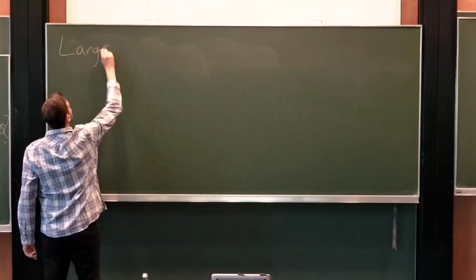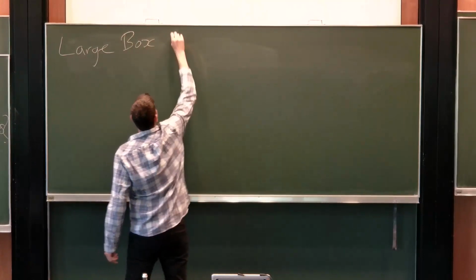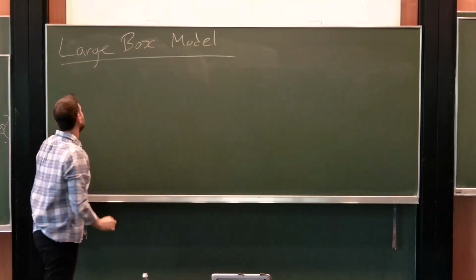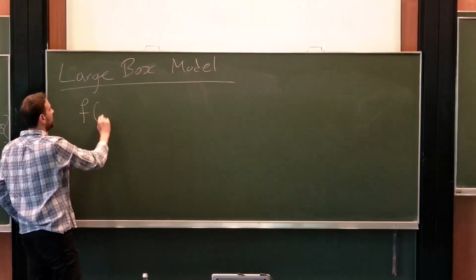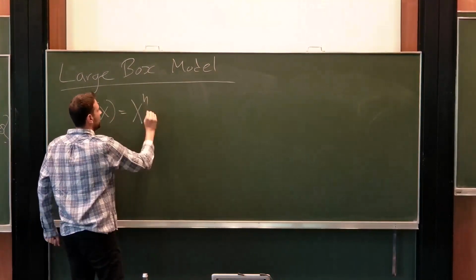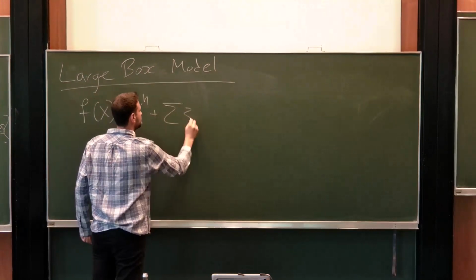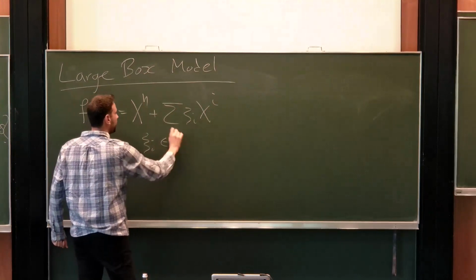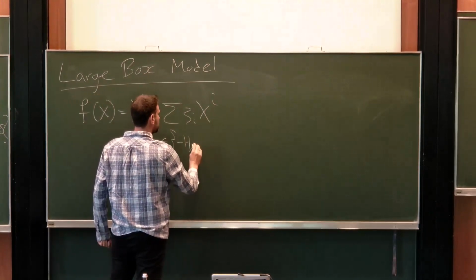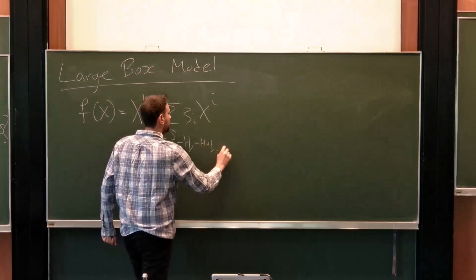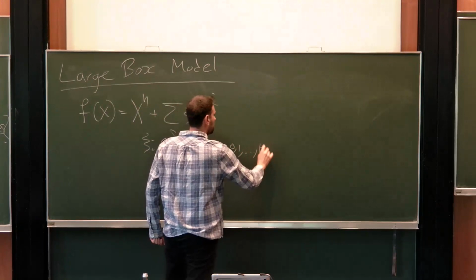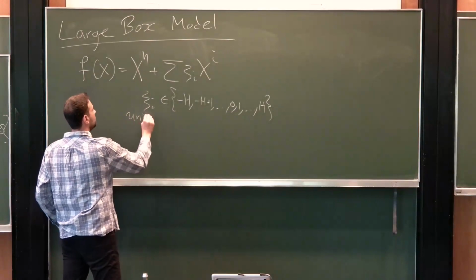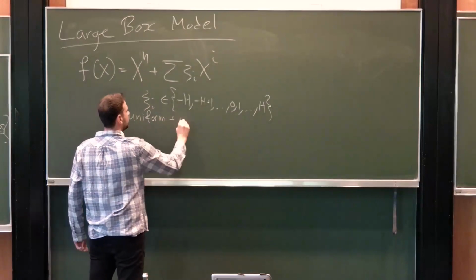the large box model. So in this model, I take the polynomial f of x with coefficients a_i between minus h to h, and let's say that they are uniform and independent.